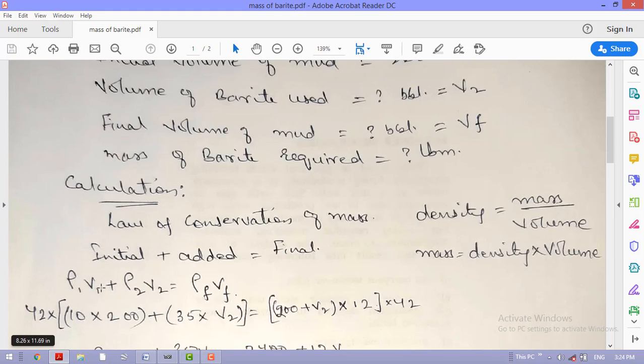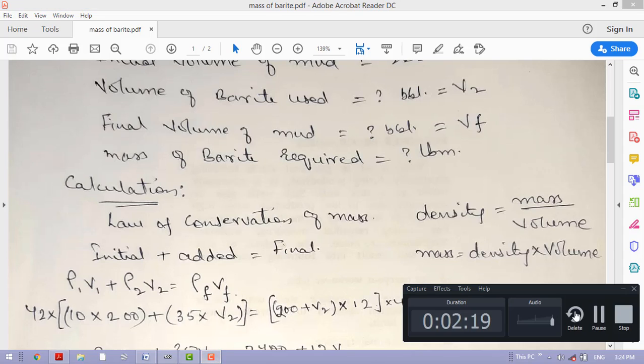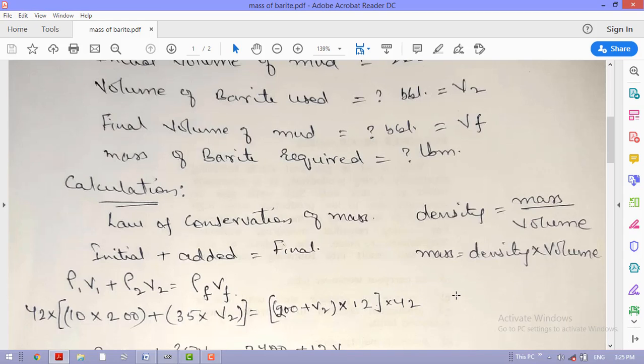Here I have substituted 10 into 200, which is the density of the initial mud into the volume of the initial mud, and rho2 V2 of the barite as 35 ppg as density, and V2 is not given, which we have to calculate, and the final mass.